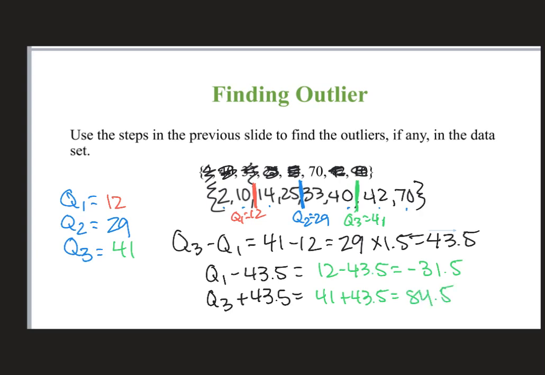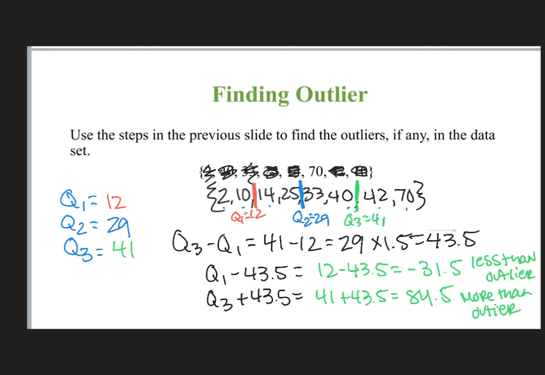84.5. Now, anything less than this is an outlier, and anything more than this is an outlier. So I do not have any outliers in this data set because I do not have a number less than negative 31.5, and I do not have a number more than 84.5.